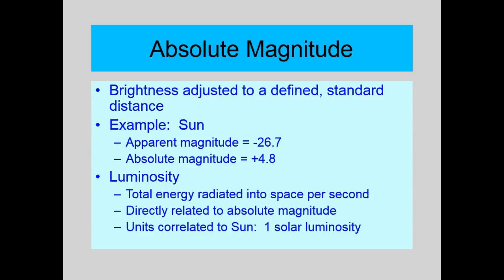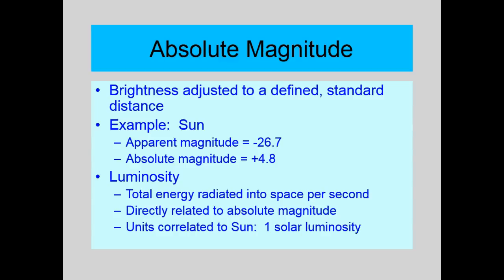Now, another concept, luminosity. Total energy radiated into space per second. Okay? I would just say per time period. Directly related to the absolute magnitude. The bigger, the brighter the stars, the greater the total energy is going out there.